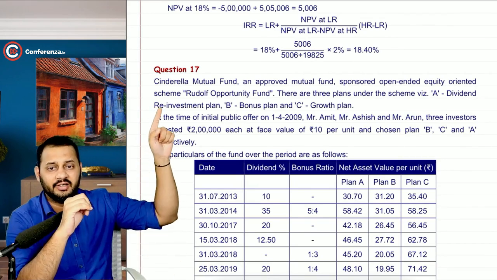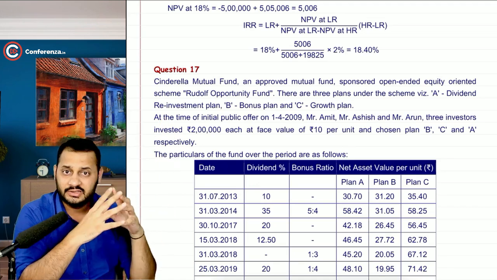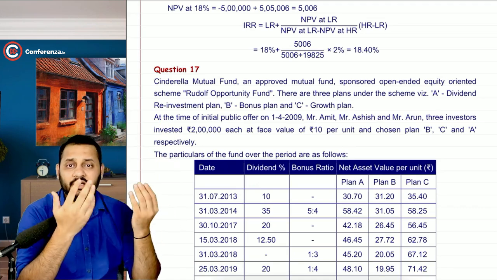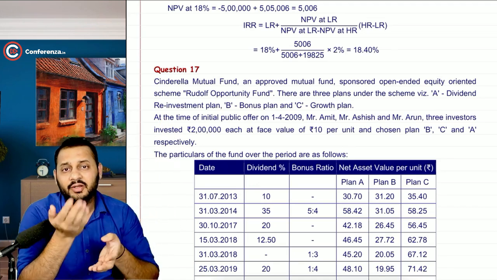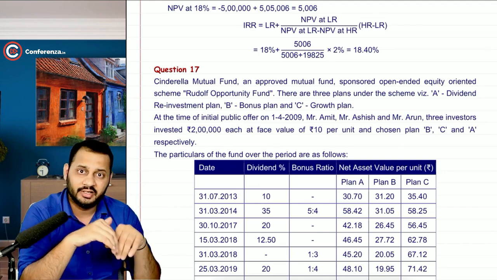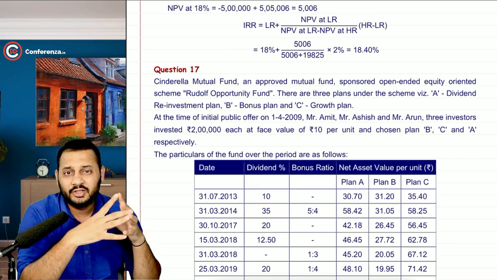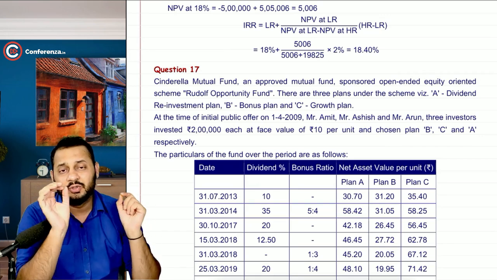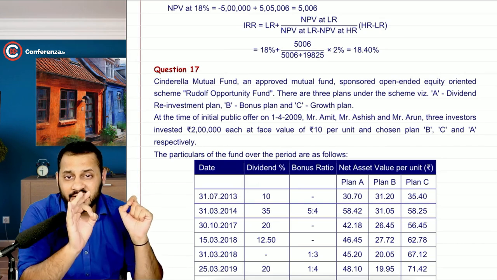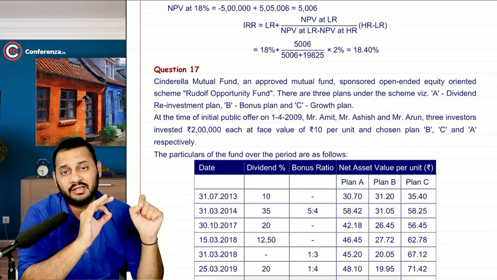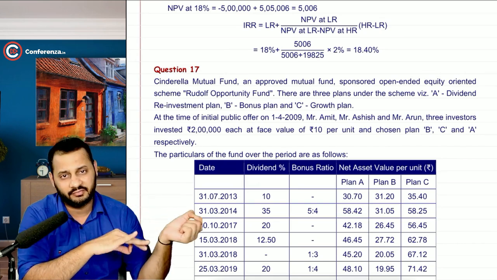Plan A, dividend reinvestment plan, means whenever the dividend is declared by the mutual fund, it will be reinvested back in the fund itself. So you are not going to get the dividend in your hand. What you receive in the meanwhile is additional units at the ongoing net asset value.